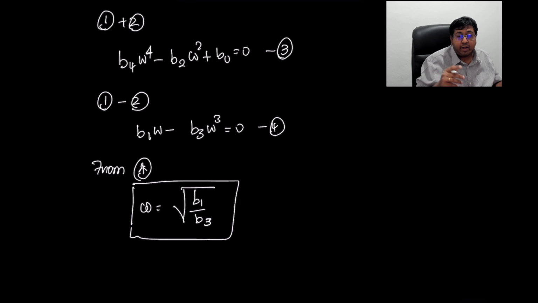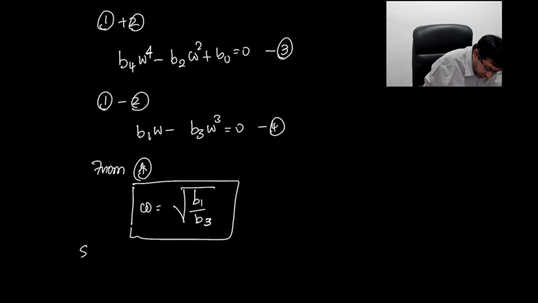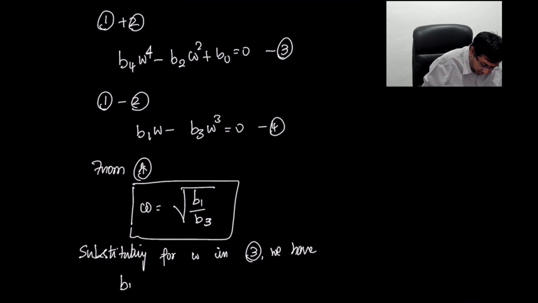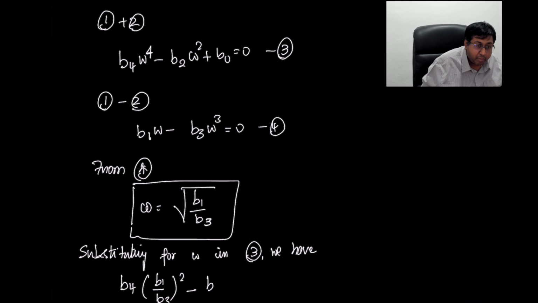Similarly, now if we substitute for omega in 3, we have b4 into b1 by b3 whole square minus b2 into b1 by b3 plus b naught equal to 0.